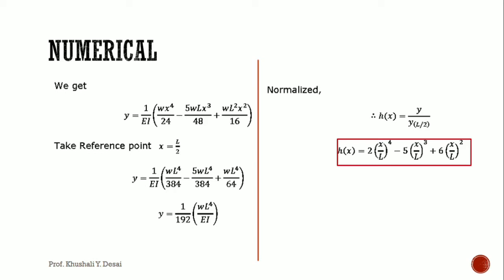So substituting these values, you will get h of x as 2x by L whole raised to 4 minus 5x by L cube plus 6x by L square. So as we have obtained h of x, it is easy now to calculate m equivalent and k equivalent.